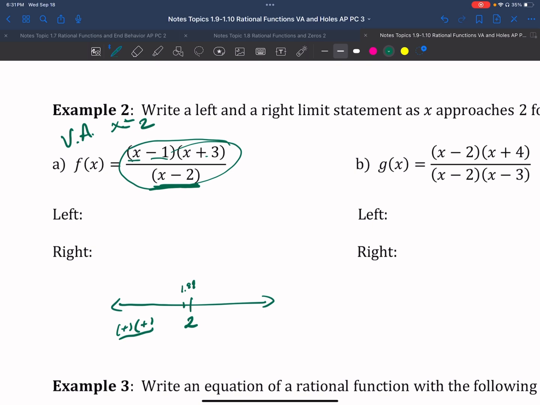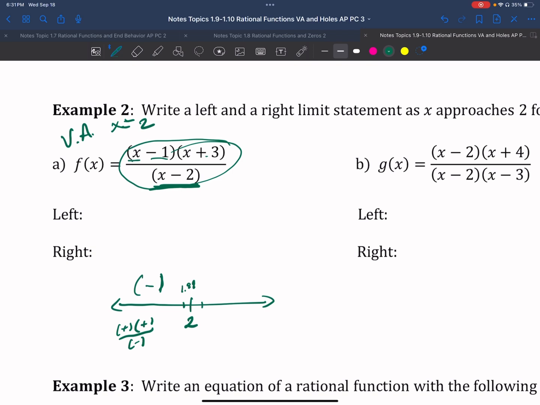In the denominator, I'm doing 1.99 minus 2, which will give me a negative. And then when I simplify that, that will simplify to a negative. So on the left side, I know that my y values will continue to decrease with that bound because I got a negative as I came closer and closer from the left side.